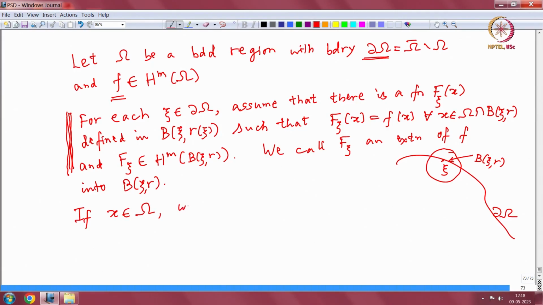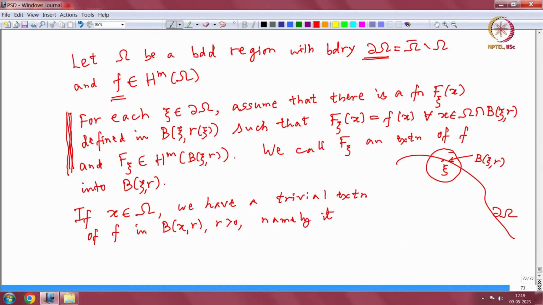So, we have a trivial extension of f in B(x, r) for some r positive, namely f itself. So, here there is no problem.